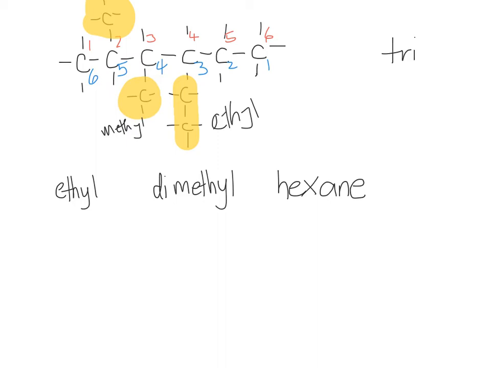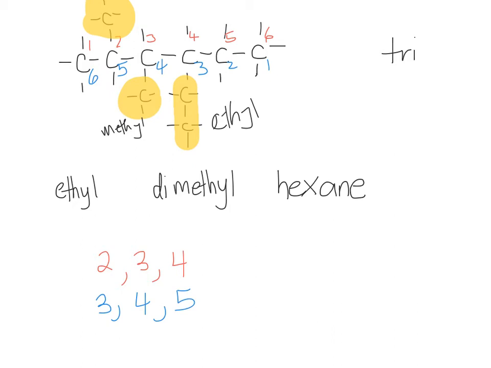So if we use the red numbering system, we have carbon 2, carbon 3, and carbon 4 used. If we use the blue numbering system, we've got carbon 3, carbon 4, and carbon 5. So we have to use the red numbers because they're going to give us the lowest numbers.